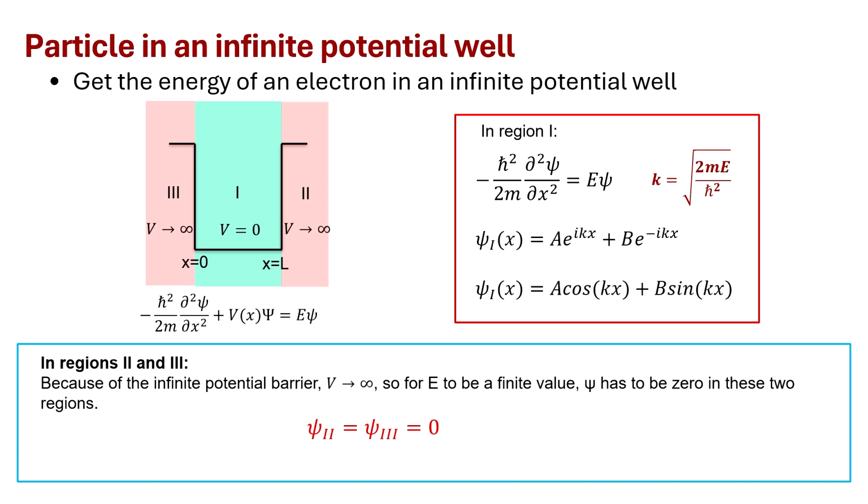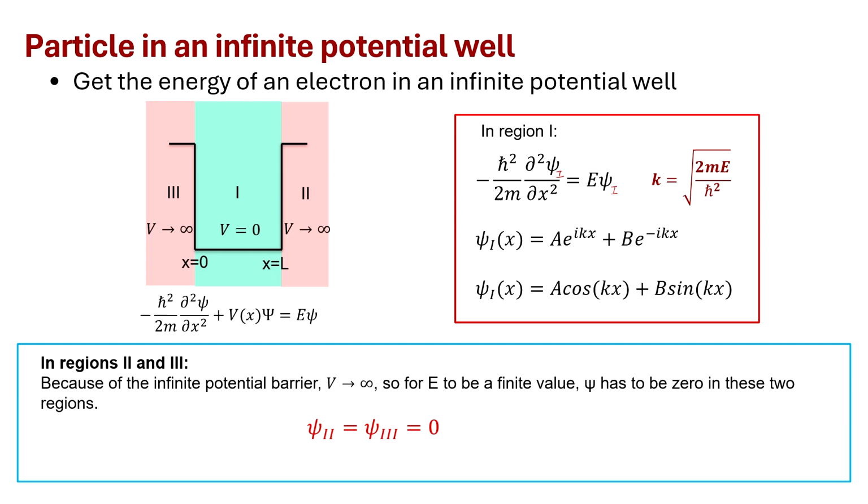We can write psi 1 of x as A e to the power i k x plus B e to the power minus i k x, which can be simplified as A cos k x plus B sin k x.